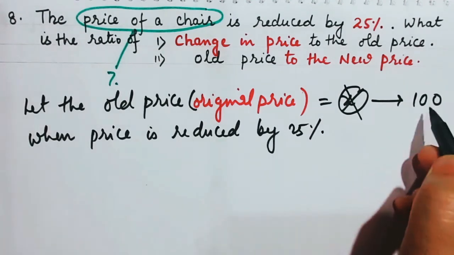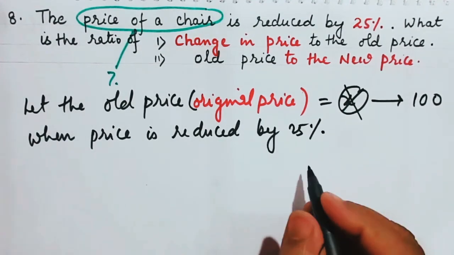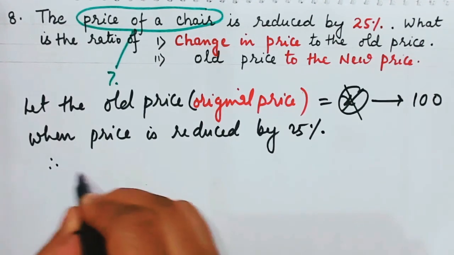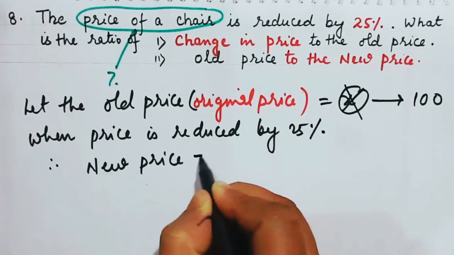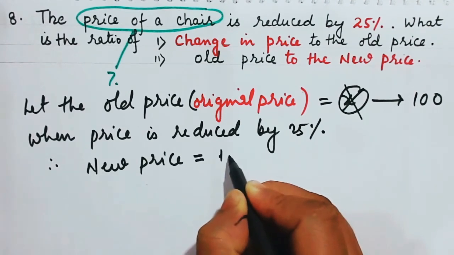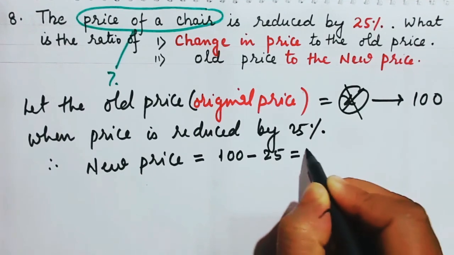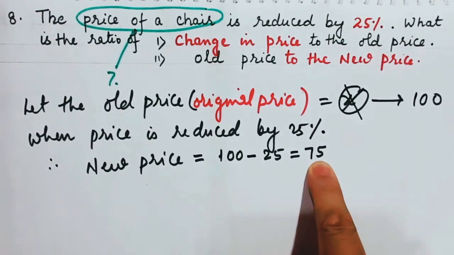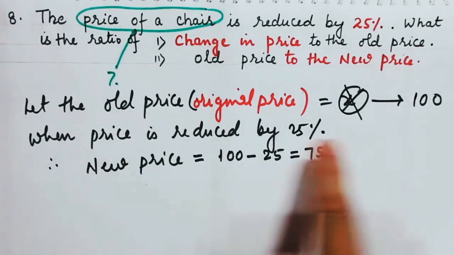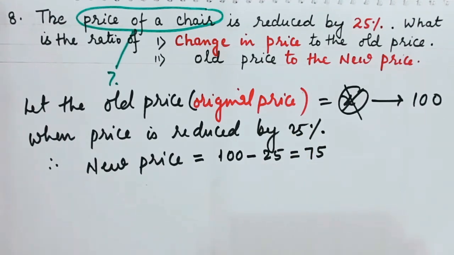So let the old price be 100. When the price is reduced by 25%, this means the new price will be equal to 100 minus 25 is equal to 75. Your old price was 100, reduced by 25% means rupees 25. So 100 minus 25 is equal to 75.